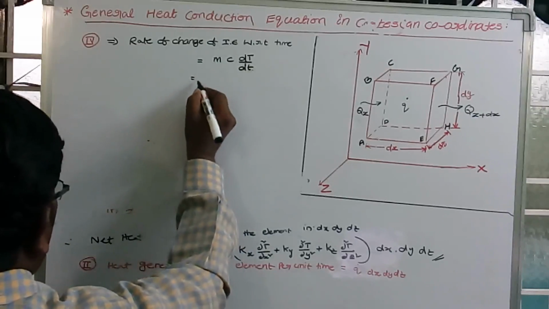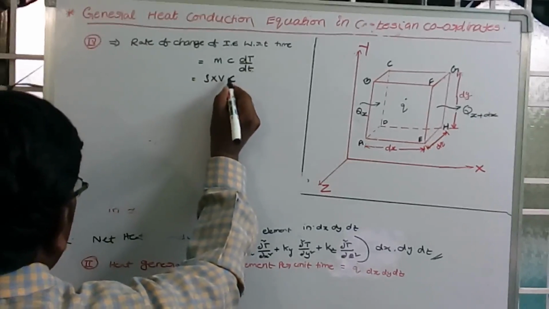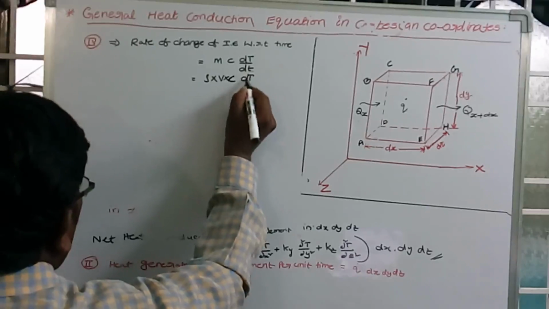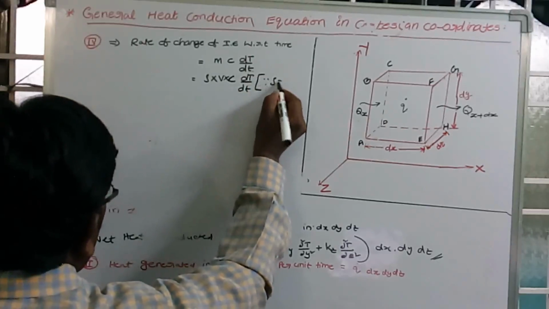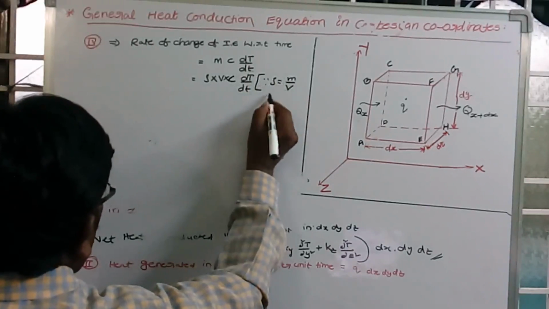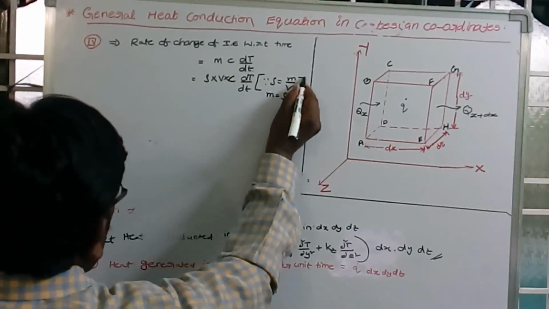So m is also written as rho into V into c into dT by dt. Rho means density, which is equal to mass by volume, so mass is equal to rho into V.